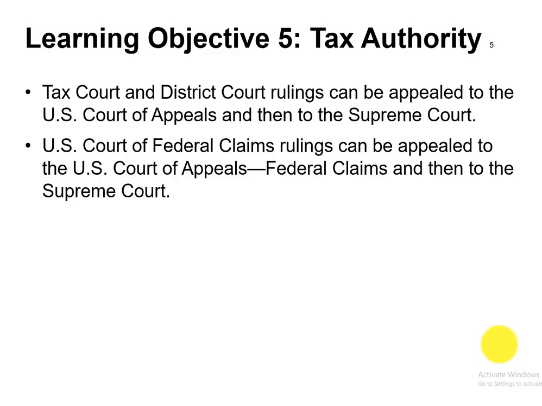We can appeal, meaning we don't think the result happened the way it should. I think there was an error by the tax court, and so we want to appeal and get another ruling. They typically are not going to get more information. They are simply going to look at the decision and say whether the tax court, based on the information they had, made a correct or an incorrect decision.